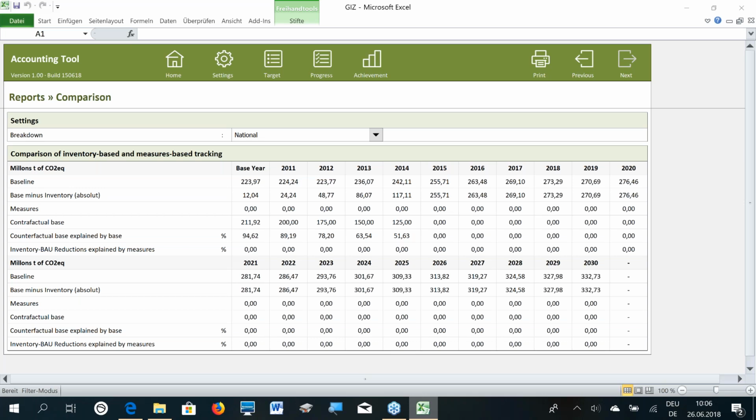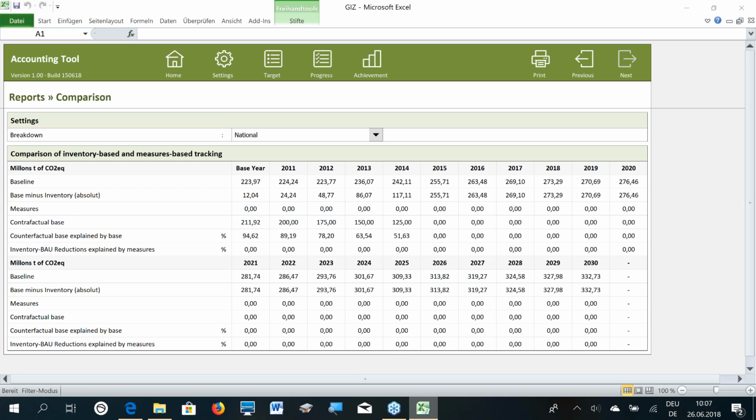If you're talking, for example, about federal states or municipalities, you have to have in mind that there might be many overlaps in the data, in the emissions data.